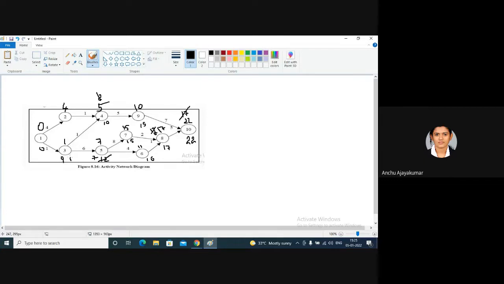So you have 9 and 1, and you will strike the highest number here for TL calculation. So that's it, we have calculated both TE as well as TL.